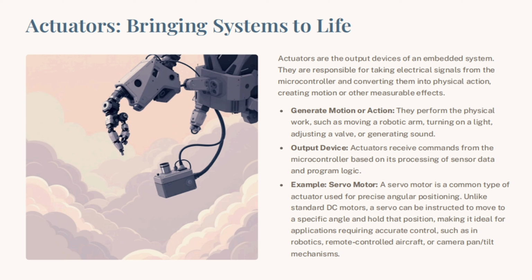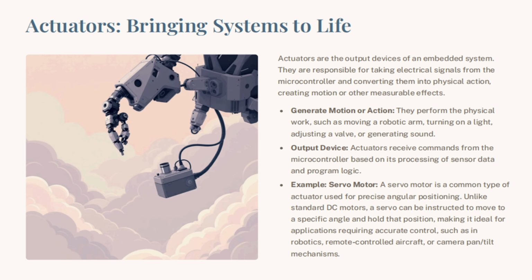Command driven output: they operate by receiving electrical commands from the microcontroller. These commands are the result of the system's response to sensor data, following its programmed logic. Practical example, the servo motor.